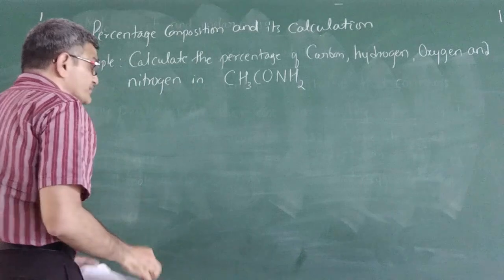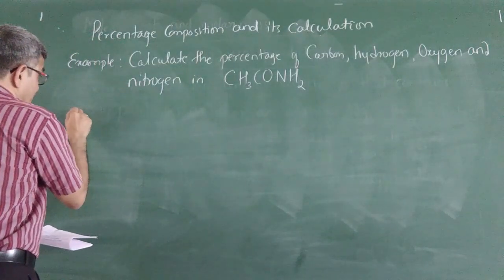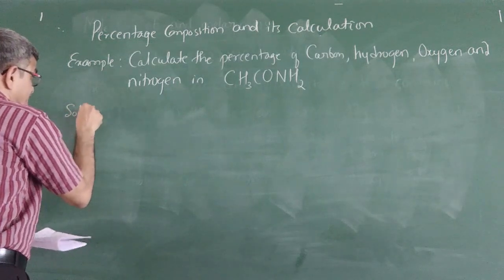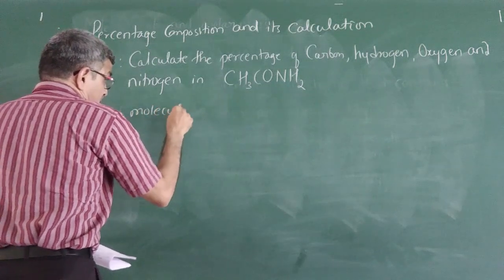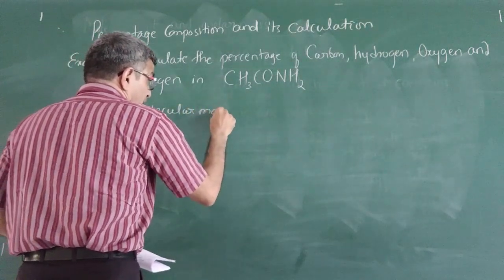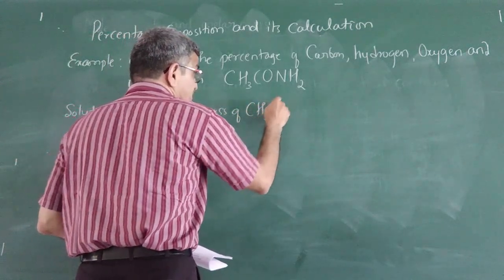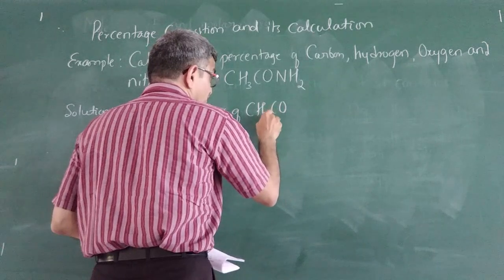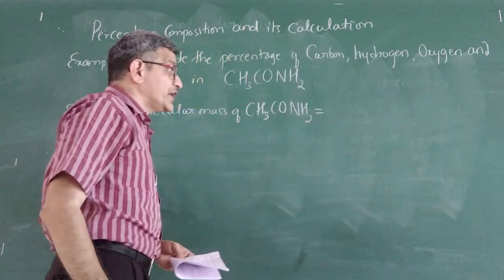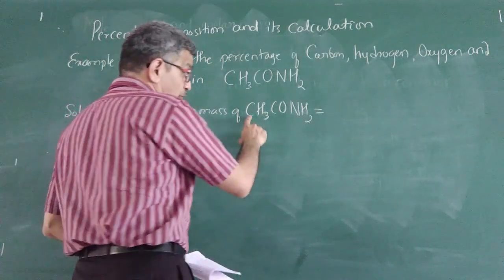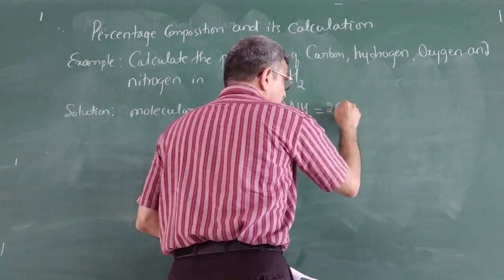Okay, so first let us find out its molecular mass. So the solution: molecular mass or molar mass of CH3CONH2 equals, how to calculate that? We know there are 2 carbons, 2 into carbon is 12.